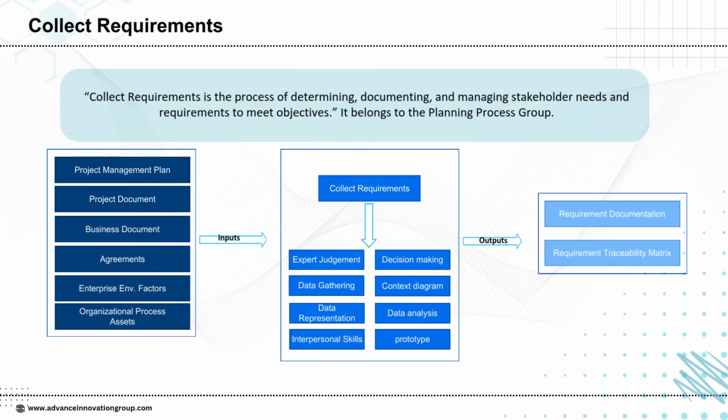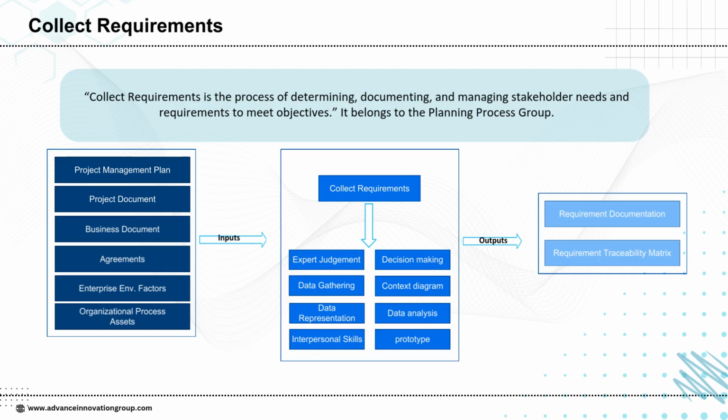Collect requirements is the process where we focus on understanding what stakeholders actually need from the project. It involves determining, documenting, and managing all requirements so that the final product or service truly meets the objectives. To do this, we start with inputs like the project management plan, business documents, agreements, environmental factors, and organizational assets, which set the context for requirement gathering.